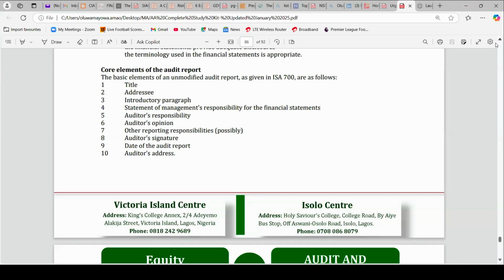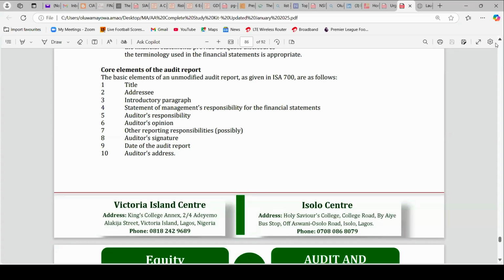Now, once you have key audit matter, it speaks to ISA 701. So for those of you reading ICAN Pack, that's why we're trying to differentiate between what ICAN have stated and what we have in the text. The other information, if applicable. So if you look at the if applicable in this ICAN Pack, there are about 4. By the time you remove the 4, you find out that it will come back to 10. So that's what we're saying.